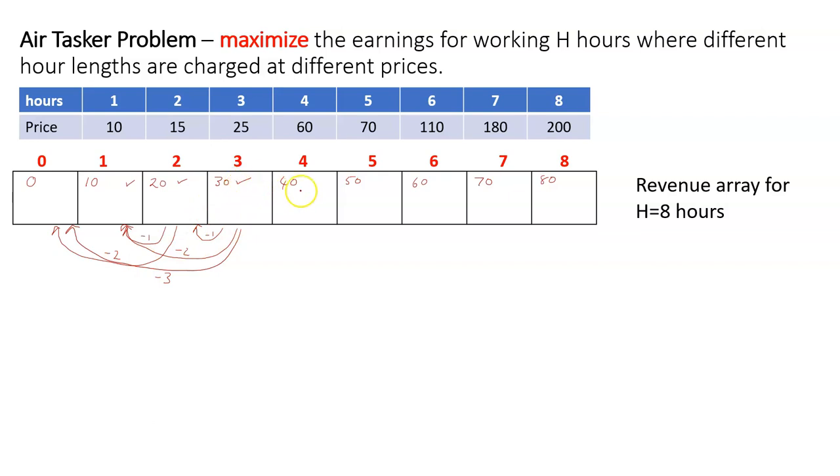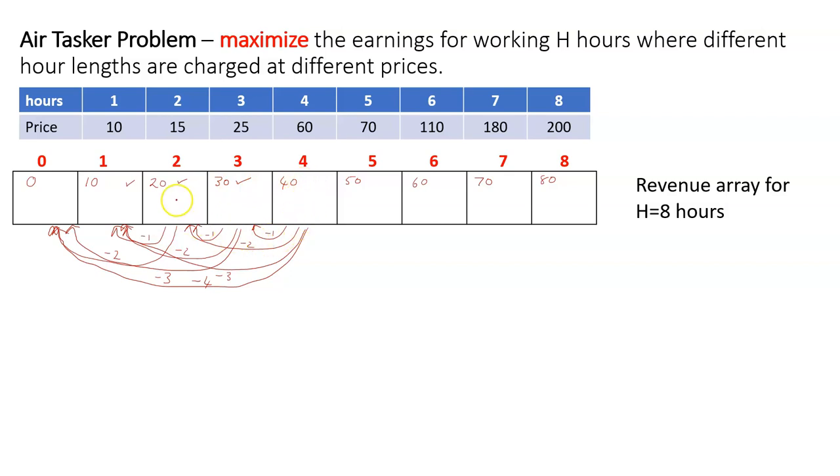Let's do the same now for 4 hours allocation. For 4 hours, we can go back 1 hour and take a 1 hour job, 2 hours and take a 2 hour job, 3 hours and take a 3 hour job, or 4 hours and take a 4 hour job. Getting a bit messy now. So let's go back 1 hour to $30 and add a 1 hour job, which gives $40, no difference.